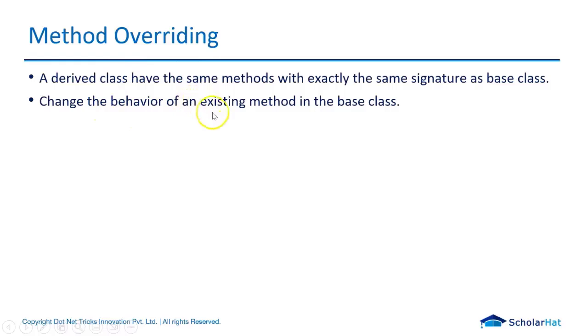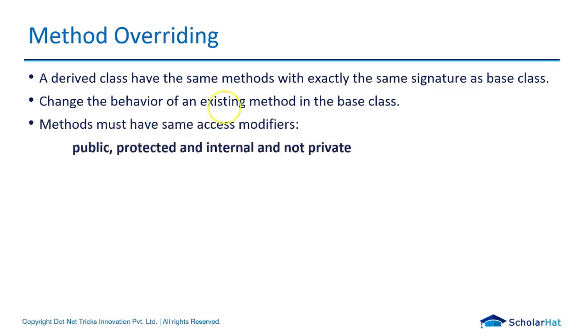So we change the behavior of an existing method in the base class by overriding it in the child class. The method must have the same access modifier like public, protected, and internal, but not private, because private members will cause an issue with overriding. An overridden class method is also called through its parent reference.